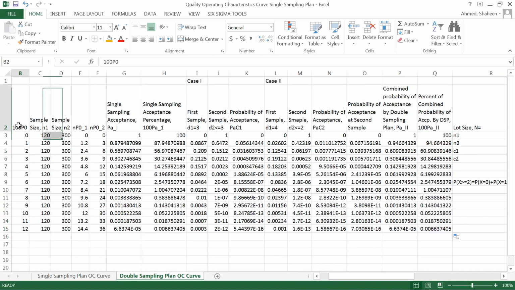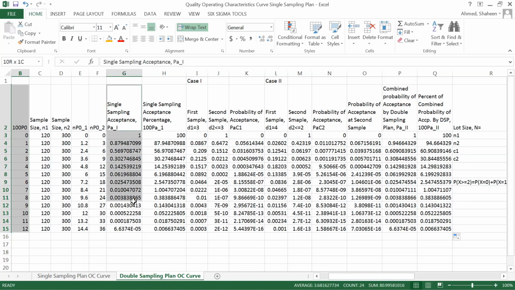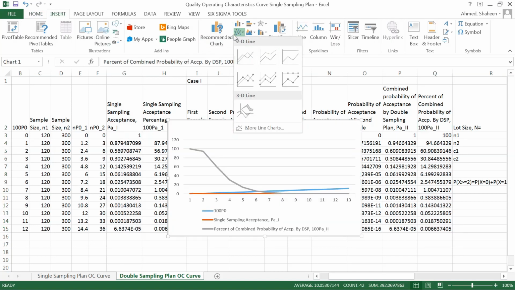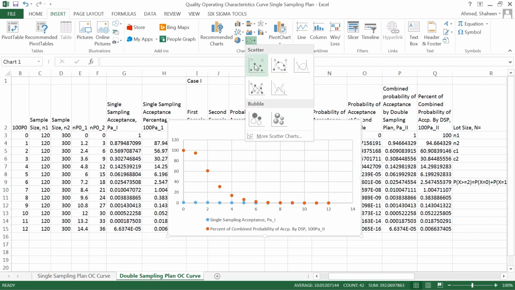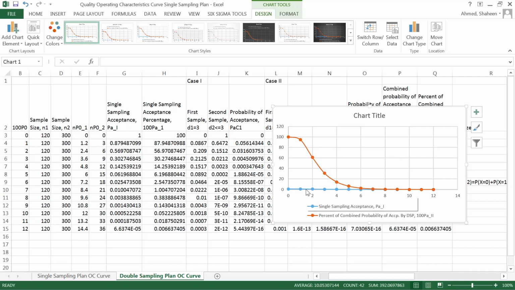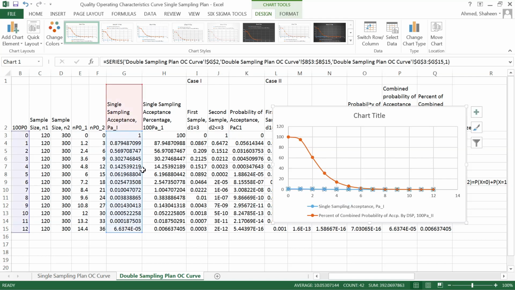Now let's plot the defective percentage against the single sampling plan operating characteristics curve and the double sampling one. Go insert, go here. No, I think I want XY plotter. It looks like I selected this one.